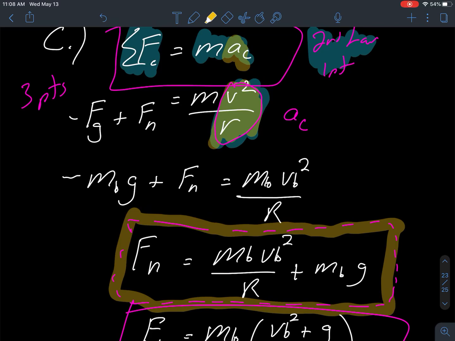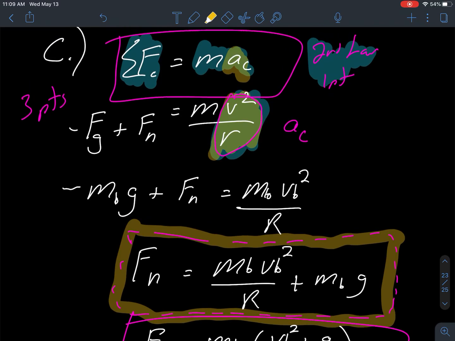The one note I want to make sure that you guys understand is when we're using numbers, we would plug in our negative 9.8 here when we plug in the numbers. If you're just deriving an equation in terms of variables, make sure you are saying these forces are adding or subtracting.